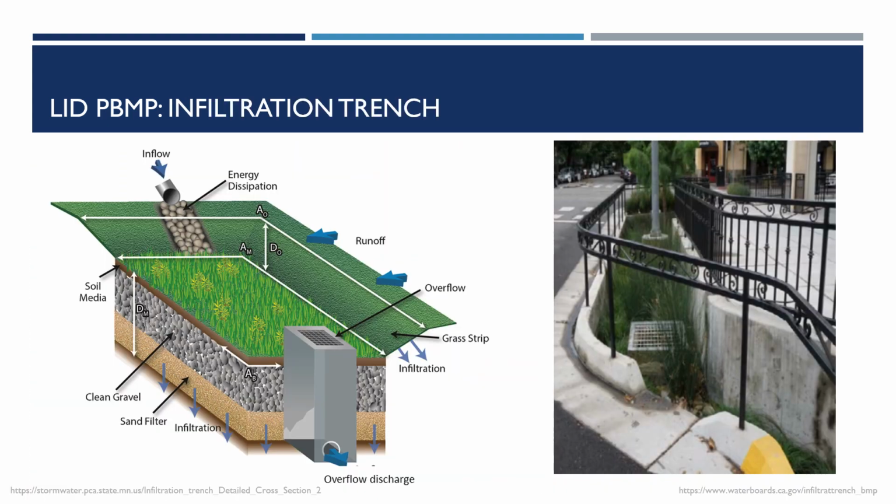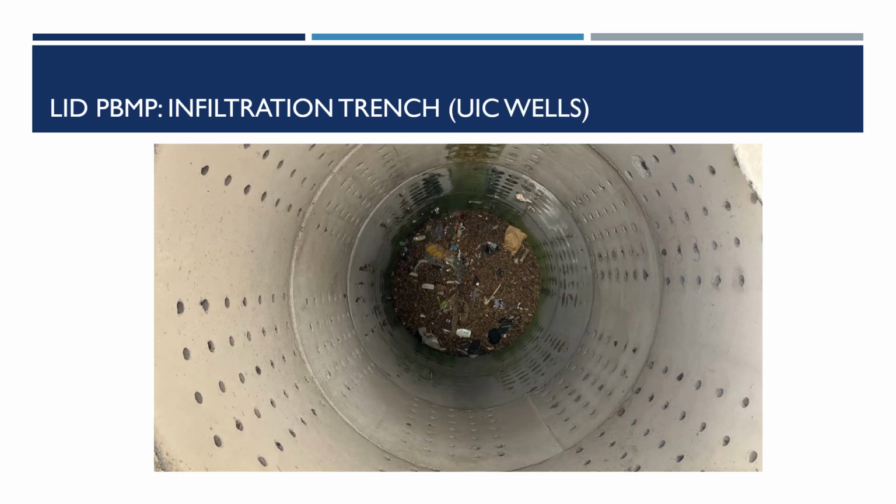An infiltration trench is a long, narrow, rock-filled depression with no outlet, where stormwater runoff is stored in the void space between the rocks until it infiltrates through the bottom and into the soil matrix. According to state and federal UIC program regulations, an infiltration trench is considered a Class 5 stormwater drainage well if it is deeper than wide.